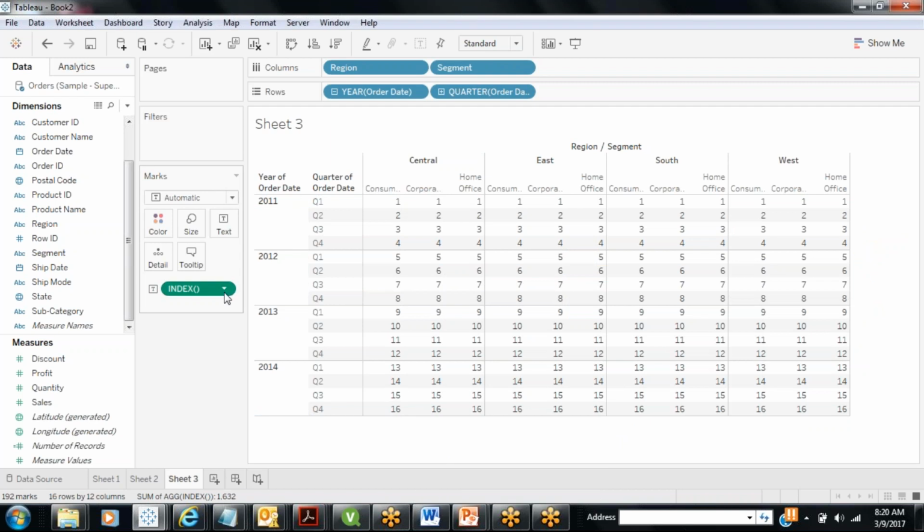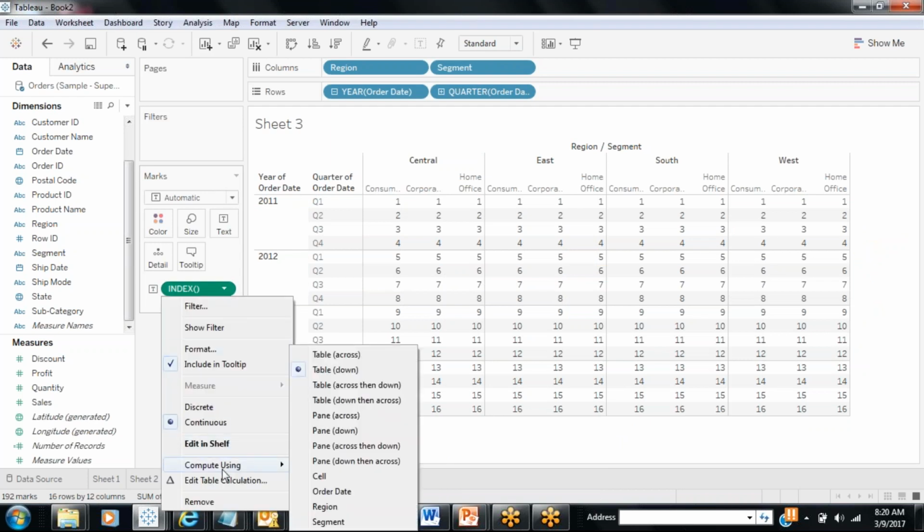So what I do, go here, compute using, and you see table across, table down, table across and down, table down then across, and pane across, pane down, pane down then across, pane across and down, and cell. These 9 are your directions.